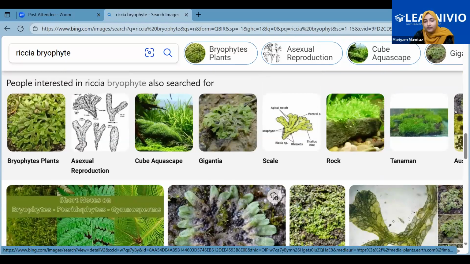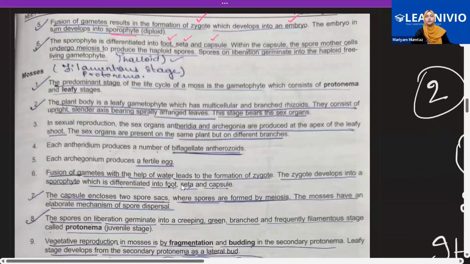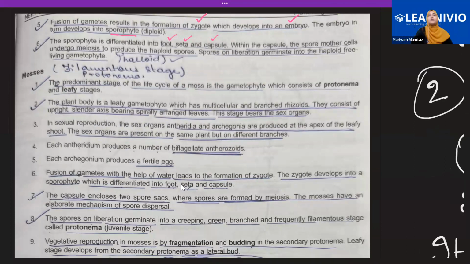Now talking about the next thing, the mosses. The other type of bryophytes are mosses. Have you seen those aquariums that have aquatic plants in them? Have you people been to hilly areas?